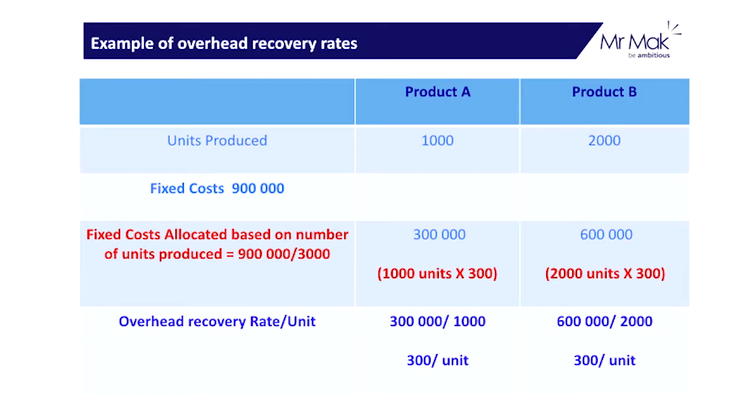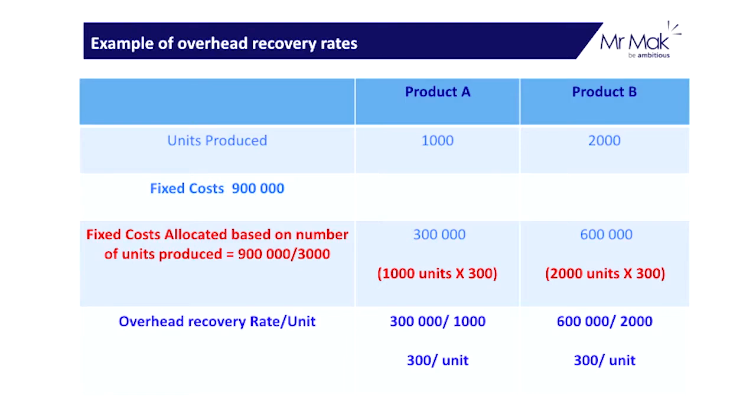If we had to allocate the fixed cost based on the number of units that are produced, we've got in total 3,000 units. So we'll take the fixed cost of 900,000 divided by the 3,000 units that are produced, and we would allocate to each and every single unit that's produced 300.